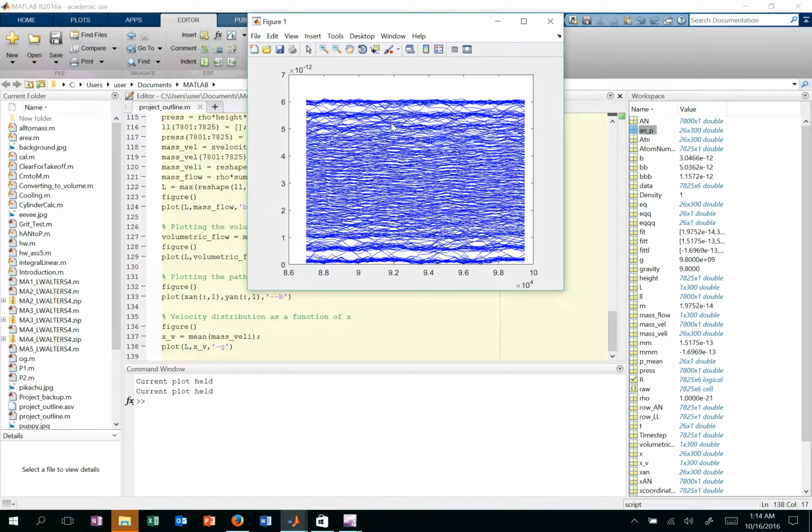And then this one is all 300 atoms, the pressures of the atoms as a function of time step, or as a function of time. They're all over the place, but as you've seen with the previous graph, the mean is right between here. Well, yeah, the mean is the average. It is right between here, and it's pretty constant.